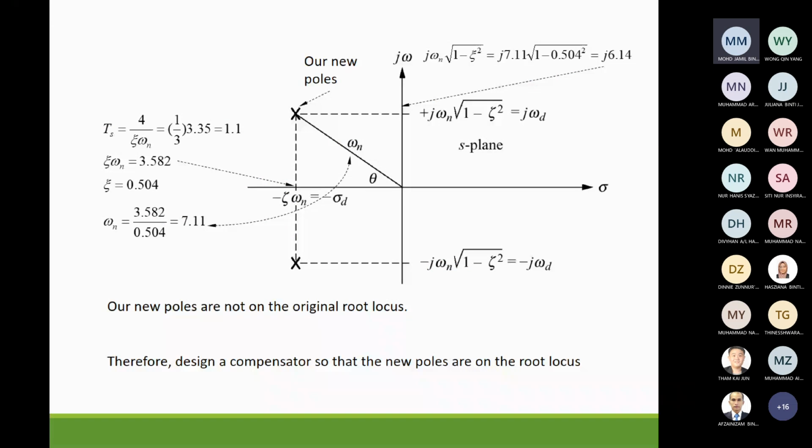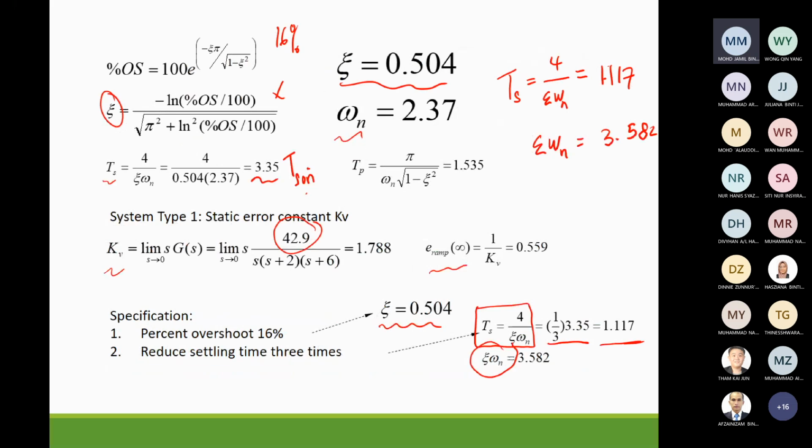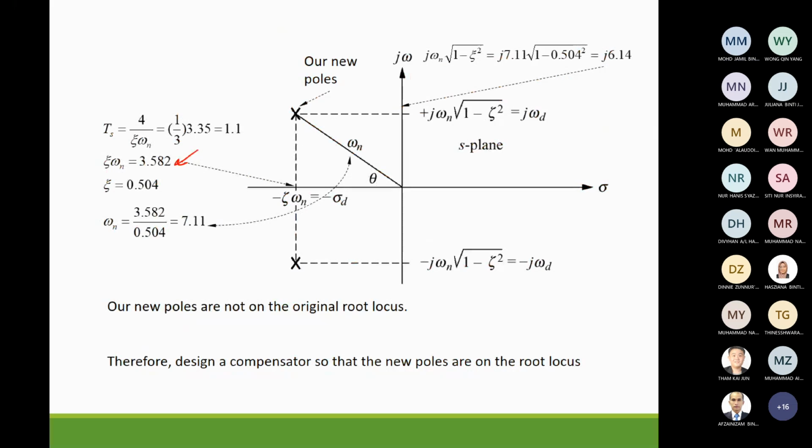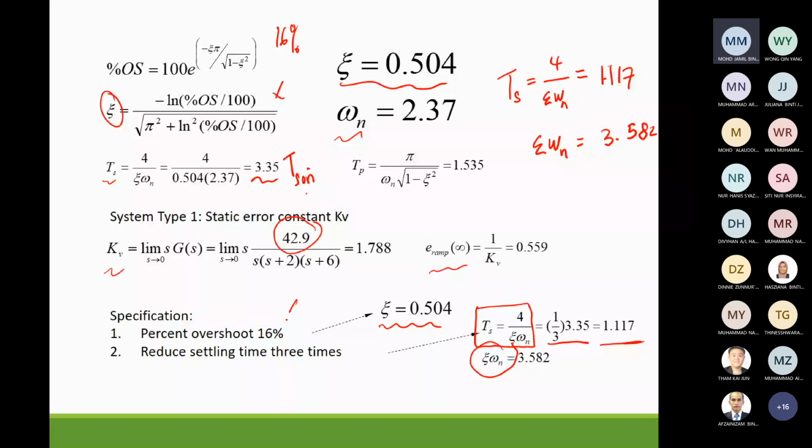From this value of damping ratio times omega n, you can determine the omega n value by assuming you maintain the new compensated system with 16% overshoot, meaning that you maintain the damping ratio. Always remember, damping ratio and percent overshoot are related to each other.